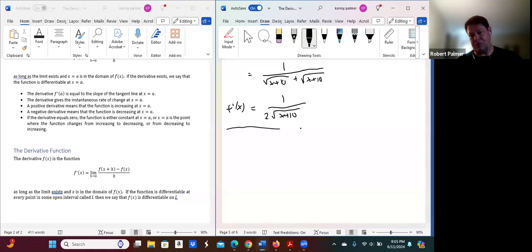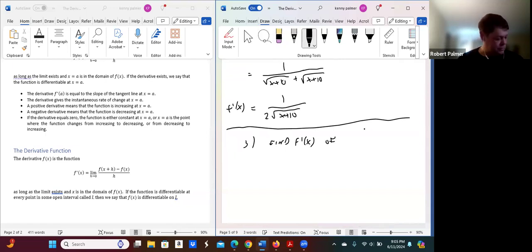Okay, so I get one more. Okay, so 3. Let's find the derivative of this function. F of x is equal to 3 over x minus 4.